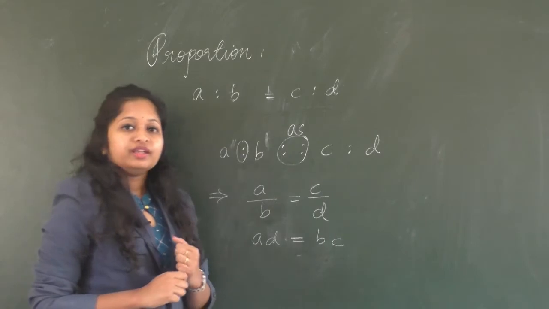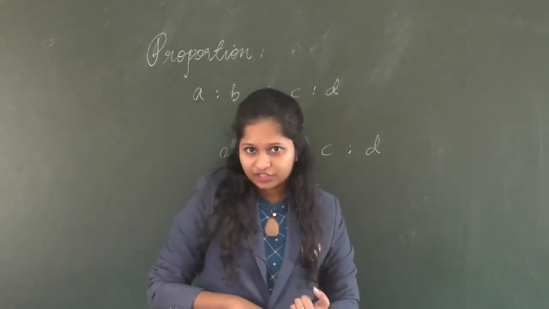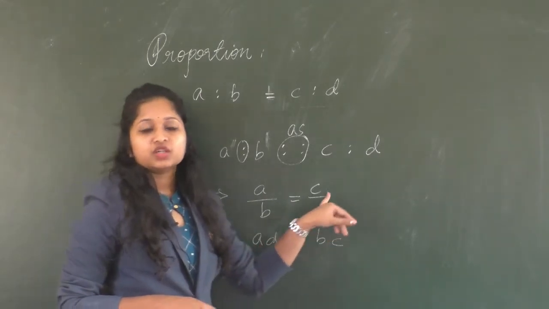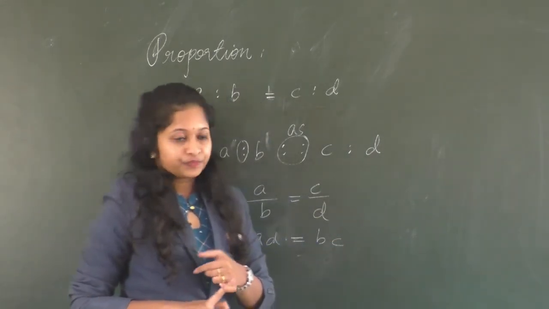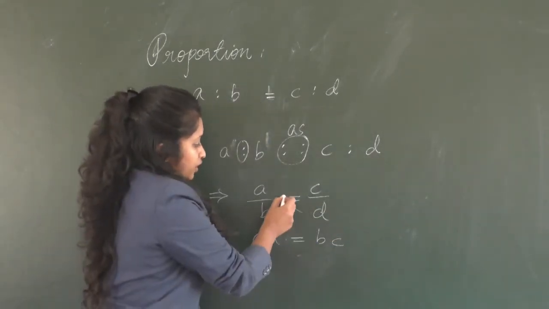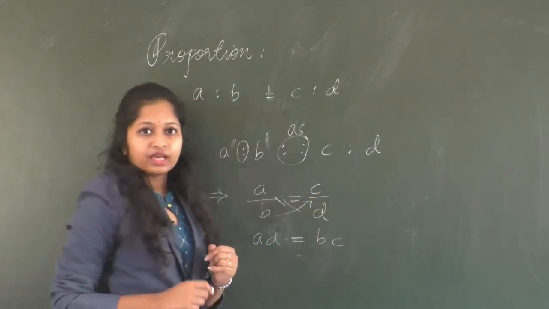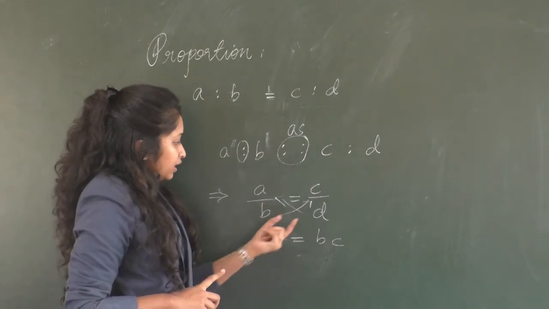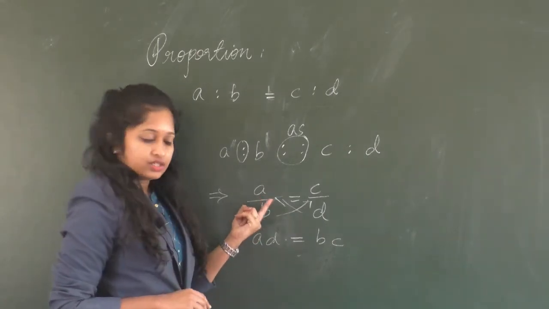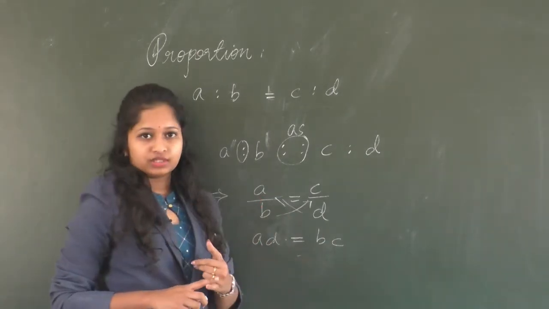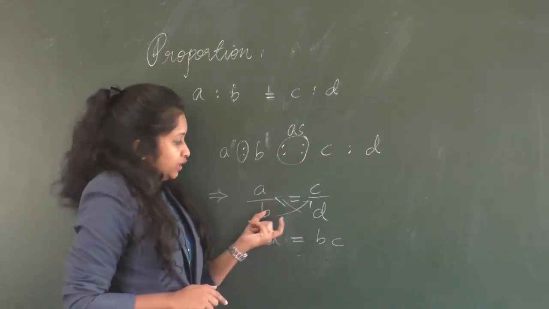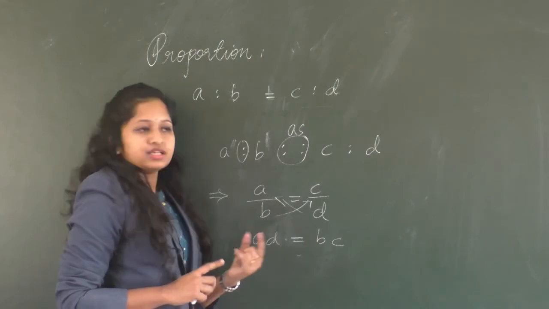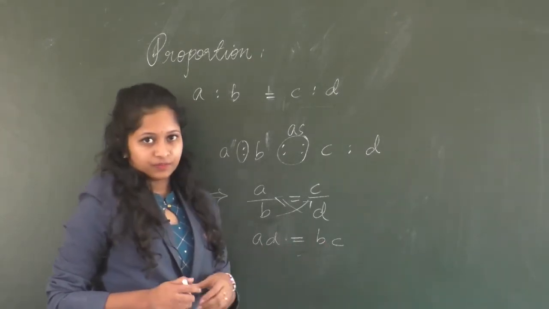Okay? And in the case of equivalent fractions, we have learned when A by B is equal to C by D, then we can cross multiply this and we can write it as A into D is equal to B into C. That is, when A by B equal to C by D, we can tell that AD is equal to BC.